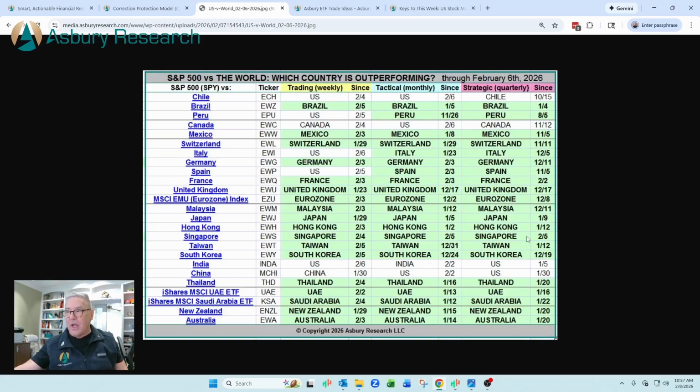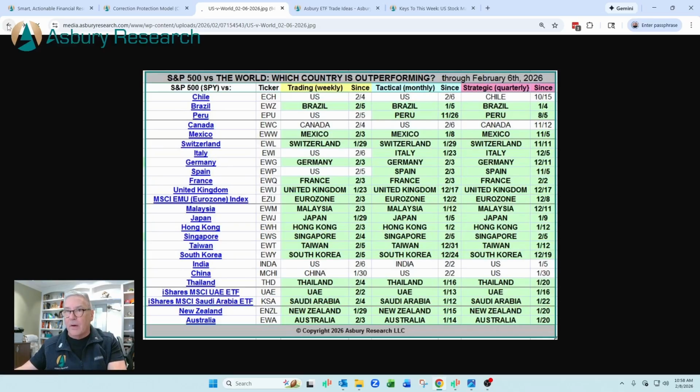And then into January and the early part of February, we had the Asia Pacific start to outperform. So it started in South America and it worked its way across the world, which is why we're seeing a lot of relative outperformance in different places over the globe.